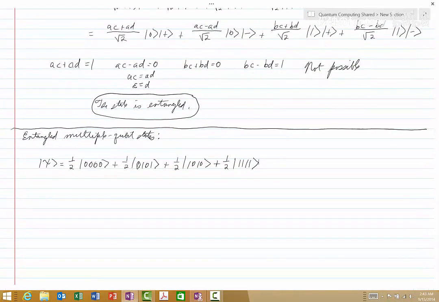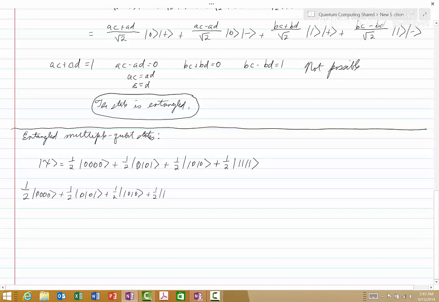we would say 1/2 of 0, 0, 0, 0 plus 1/2 of 0, 1, 0, 1 plus 1/2 of 1, 0, 1, 0 plus 1/2 of 1, 1, 1, 1 equals, and again, this is what we would check if we were just asked, is this entangled?